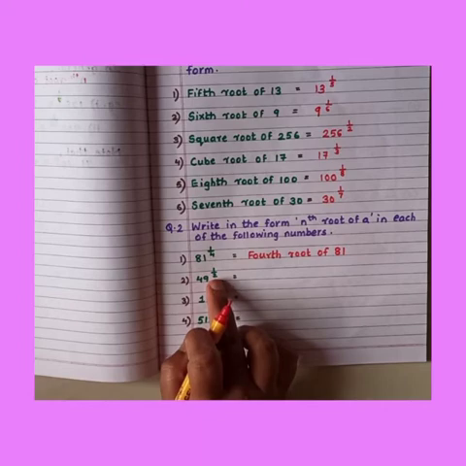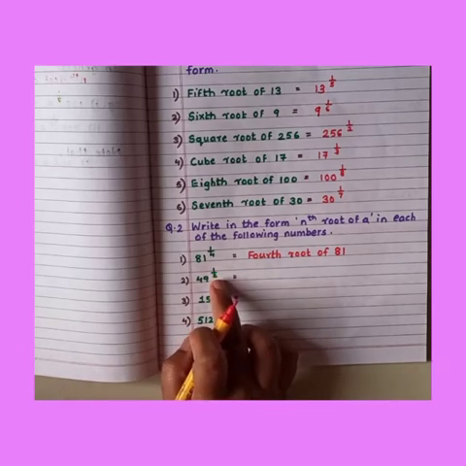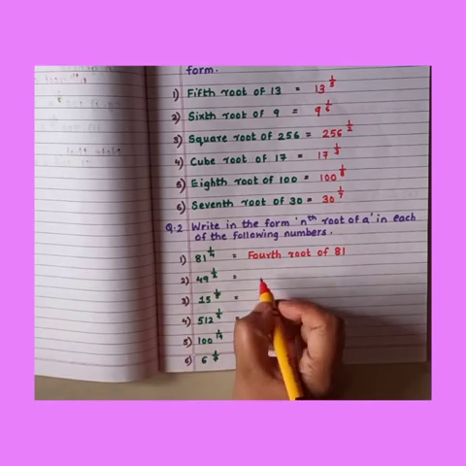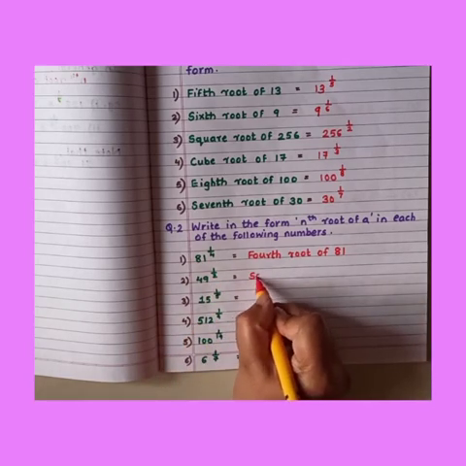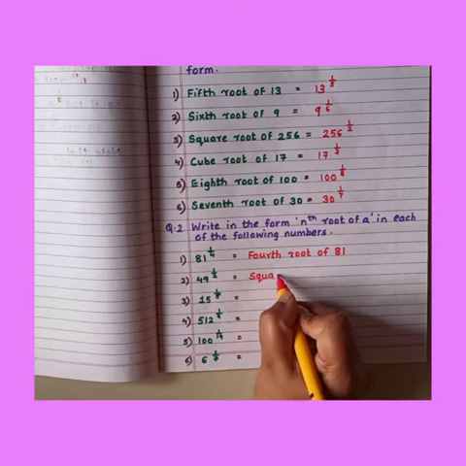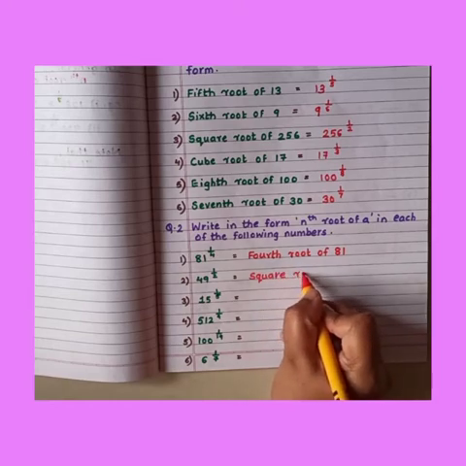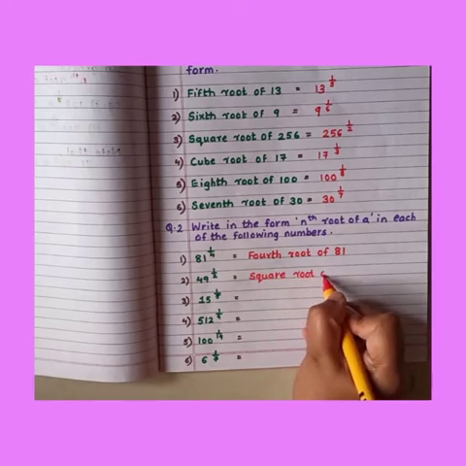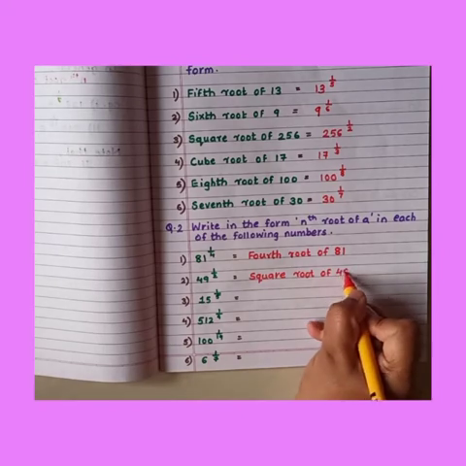Next one. 49 raised to 1 upon 2. Root means denominator. Which number? 2. So we do not say 2nd root. What are we writing? Square. Don't write 2 root. When 2 is in the root, how will we read that number? Square root of 49.